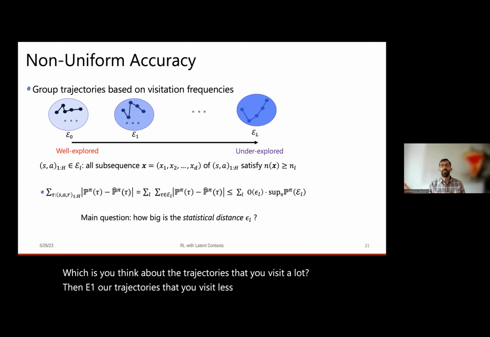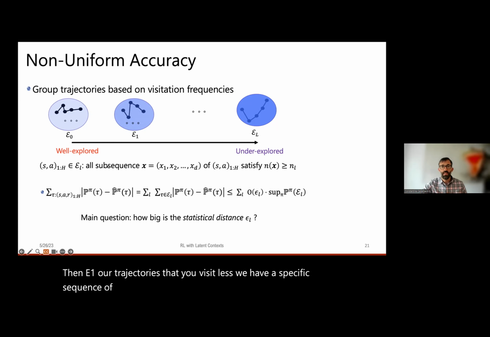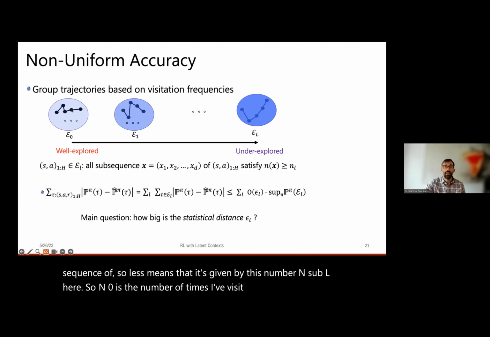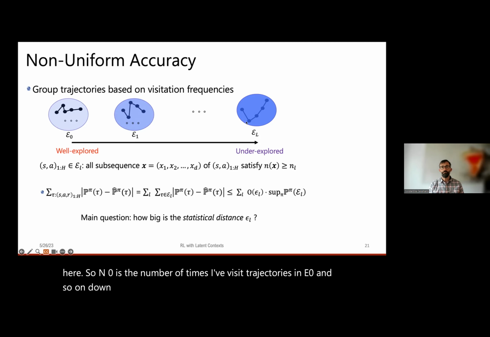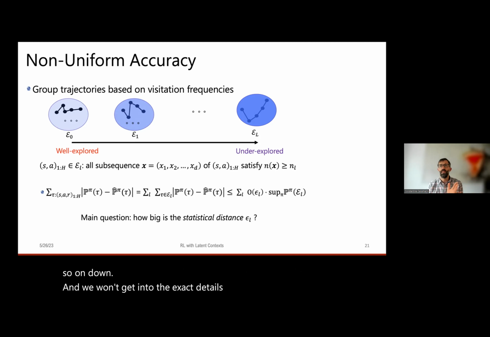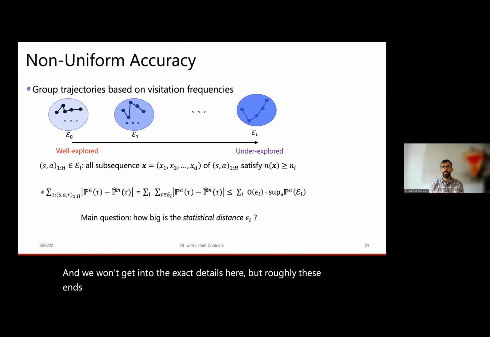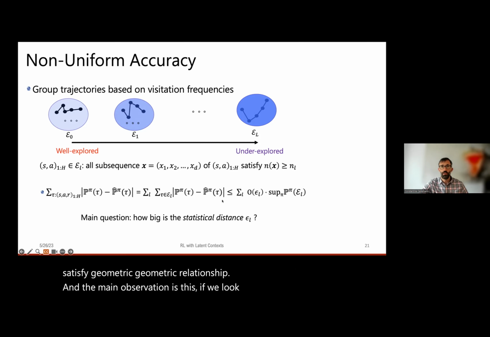Less means that it's given by this number n sub L here. So N0 is the number of times I visit trajectories in E0 and so on down. We won't get into the exact details here, but roughly these n's satisfy a geometric relationship.